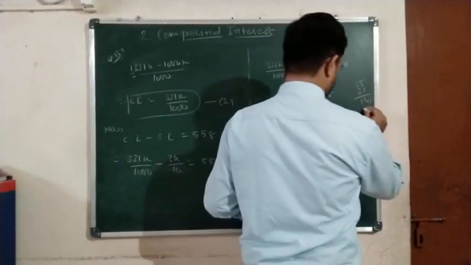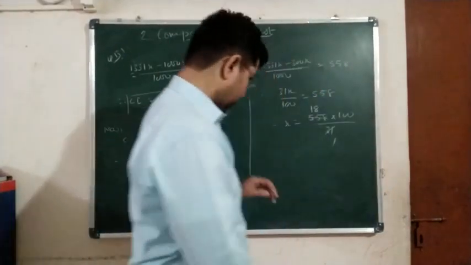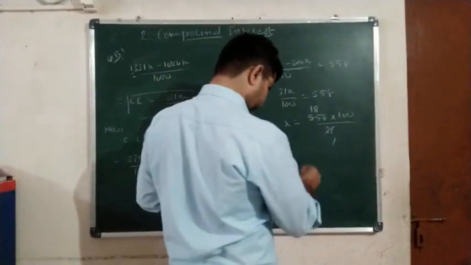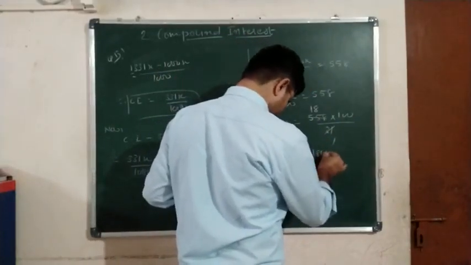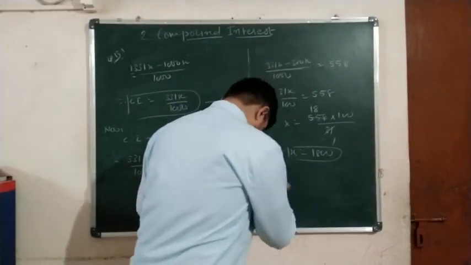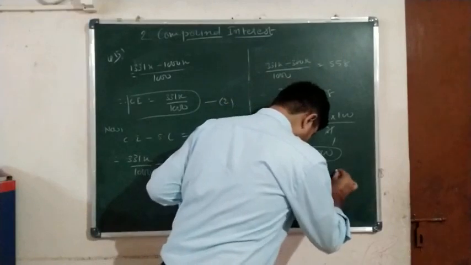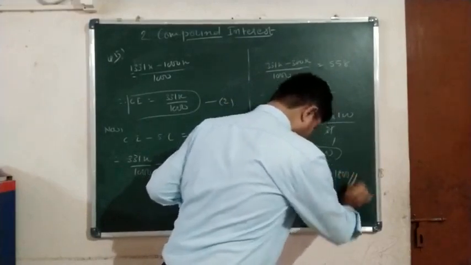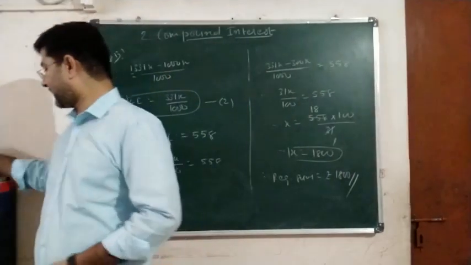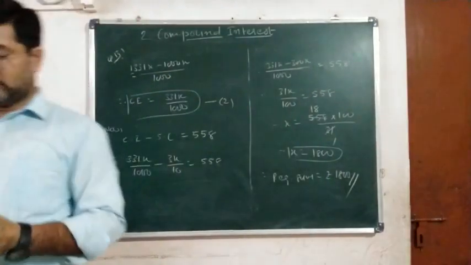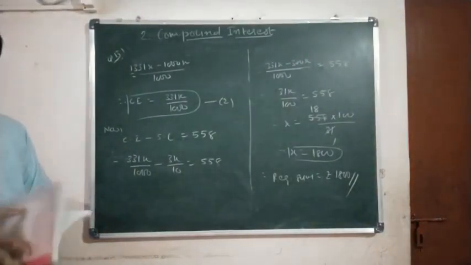Yes, so 31 into 8 will do, and therefore x is equal to 18,000, and therefore the required sum is rupees 18,000. Clear? So this is the answer. So with this, question number 13 is over.